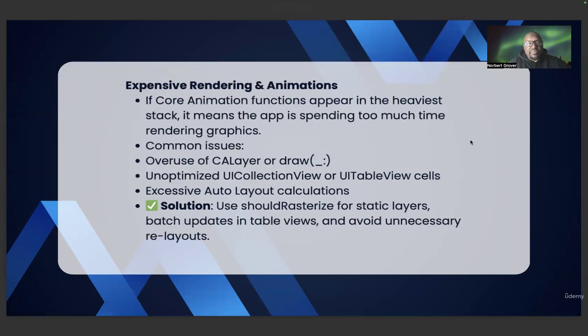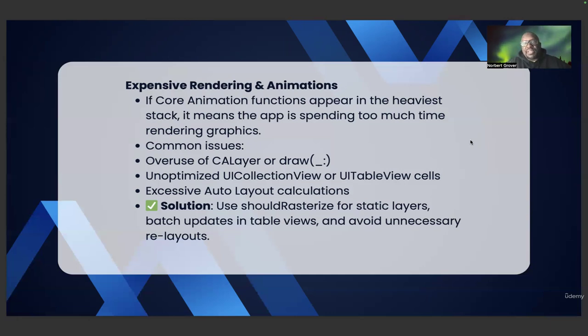Expensive rendering and animations. If Core Animation functions appear in the heaviest stack, it means the app is spending too much time rendering graphics. Common issues: overuse of CALayer or draw, unoptimized UICollectionView or UITableView cells, excessive auto layout calculations.